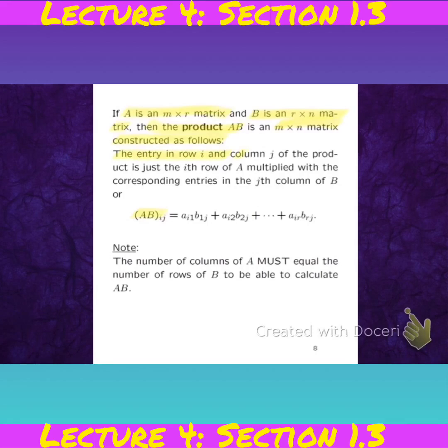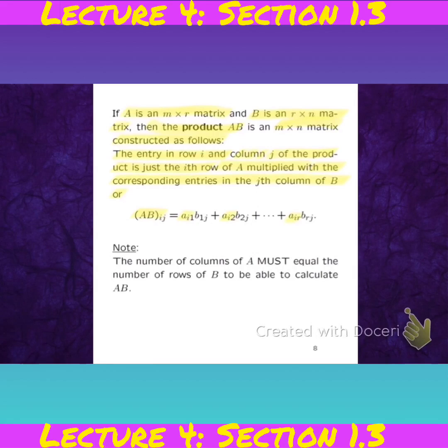The entry in the ith row and the jth column of a product is just the ith row of A multiplied with the corresponding entries in the jth column of B. And this can be written mathematically. So you take the entries in the ith row: first entry in the ith row, second entry in the ith row, and my rth entry in the ith row.